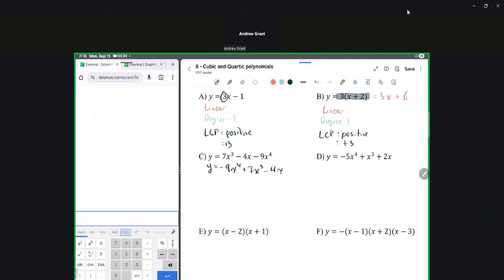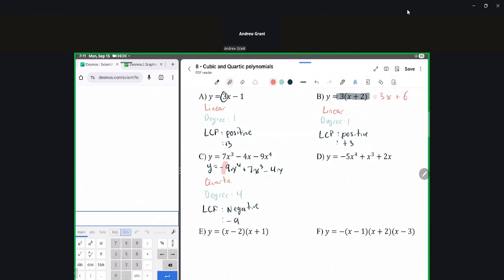And so here, this is a quartic polynomial function. The highest degree is 4, and the leading coefficient is negative. And if you so like, you can say specifically that it's negative 9.